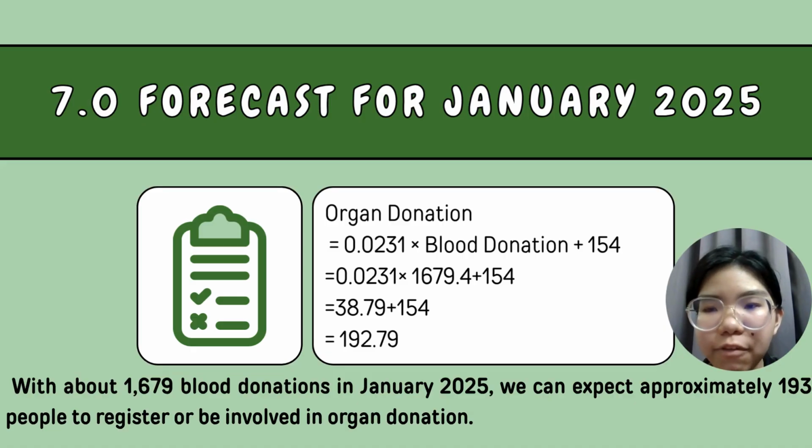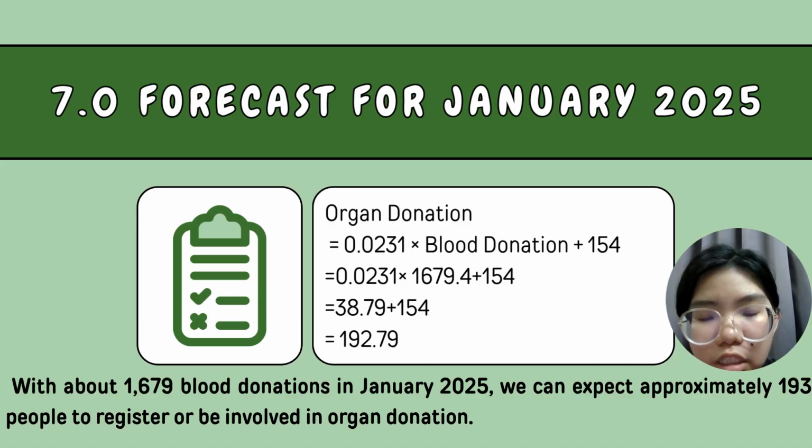Now I will present the forecast for January 2025. To estimate the number of organ donations in January 2025, we use the equation from our linear regression model, which is organ donation equals 0.0231 times blood donation plus 154. The number of blood donations in January 2024 is 1,679.4.